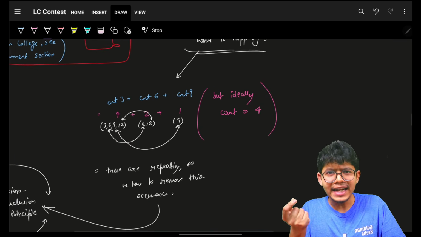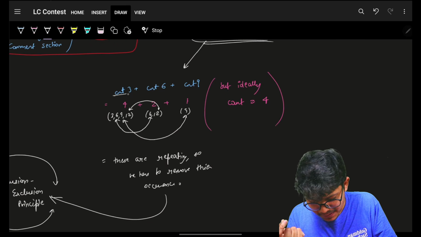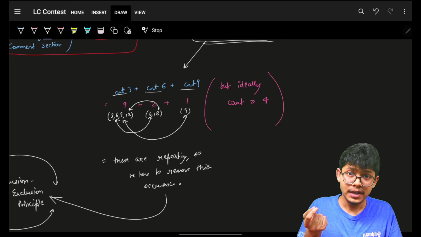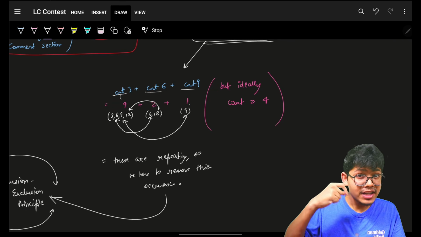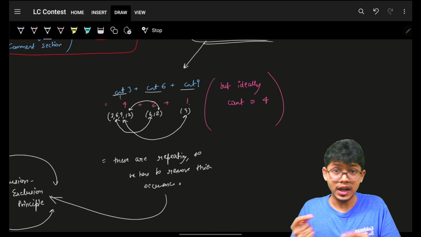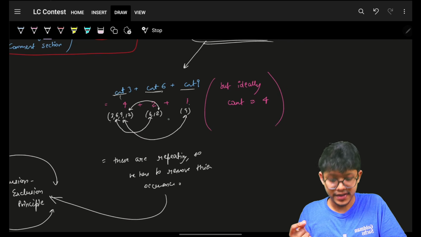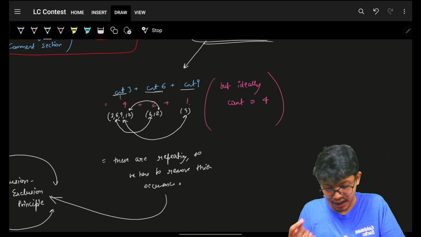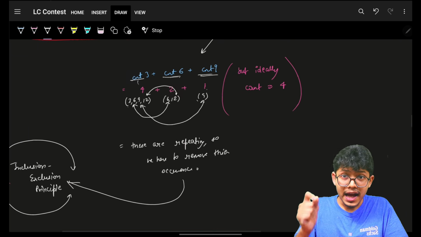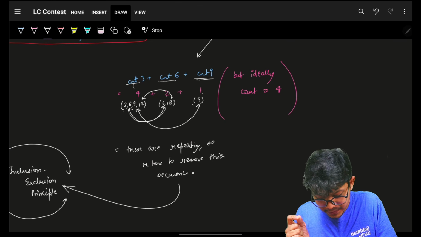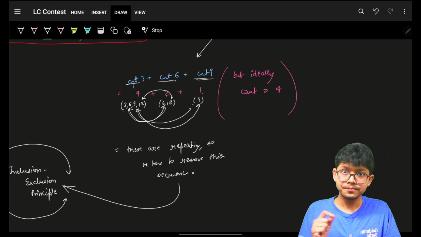So we realized that what was happening was count 3, count 6, count 9. Now I was adding 4, 2 and 1. When I was adding 4, I was saying 3, 6, 9, 12 are the occurrences. The count of 6 as 2 was saying 6 and 12 are the occurrences, and the count of 9 as 1 was saying 9 is the occurrence. And if I see, 6 is repeating, 12 is repeating, and 9 is repeating.